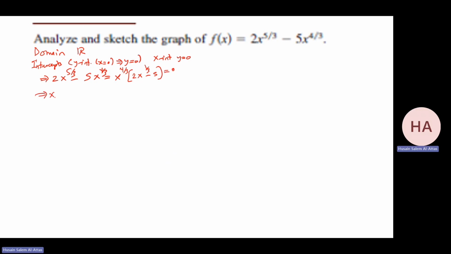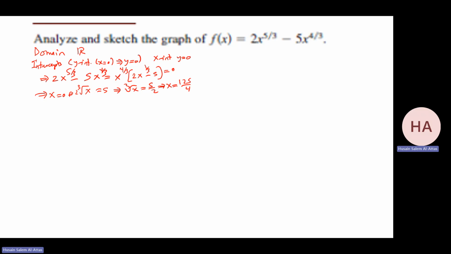So I have x equals 0, and 2 cube root of x equals 5. So cube root of x equals 5 over 2, so x is 125 over 4.